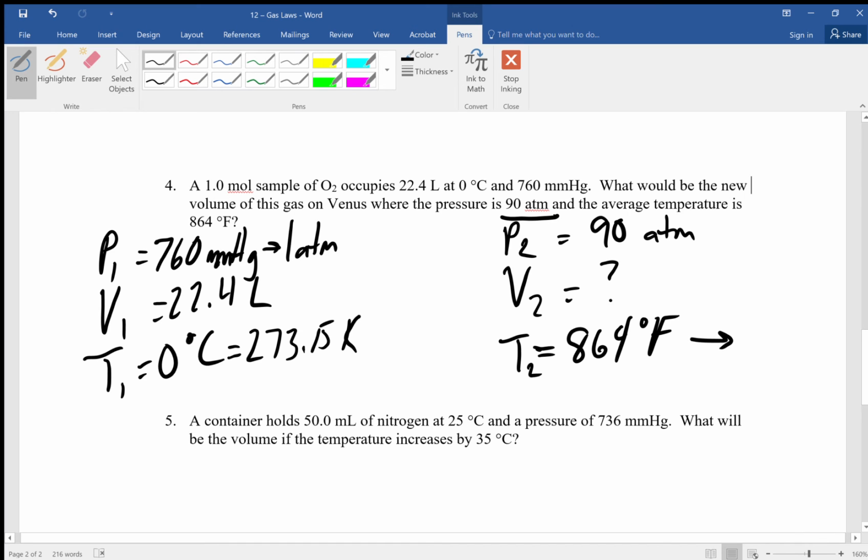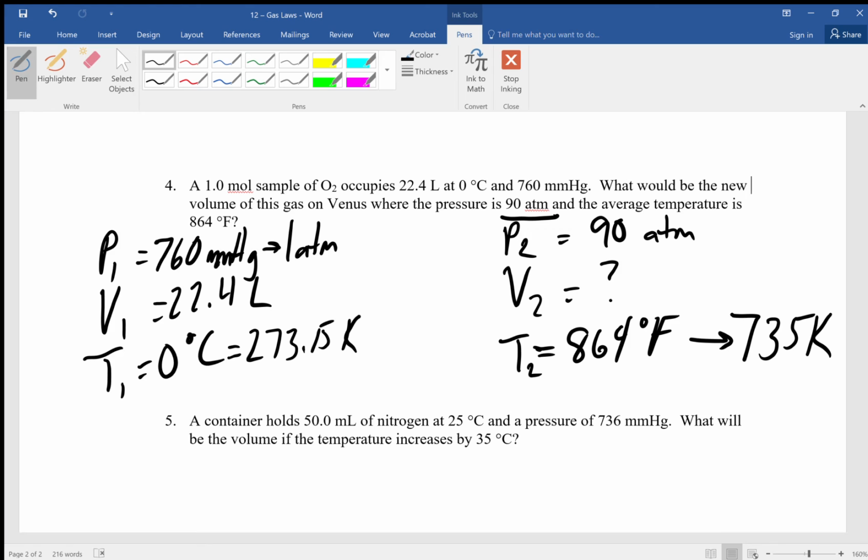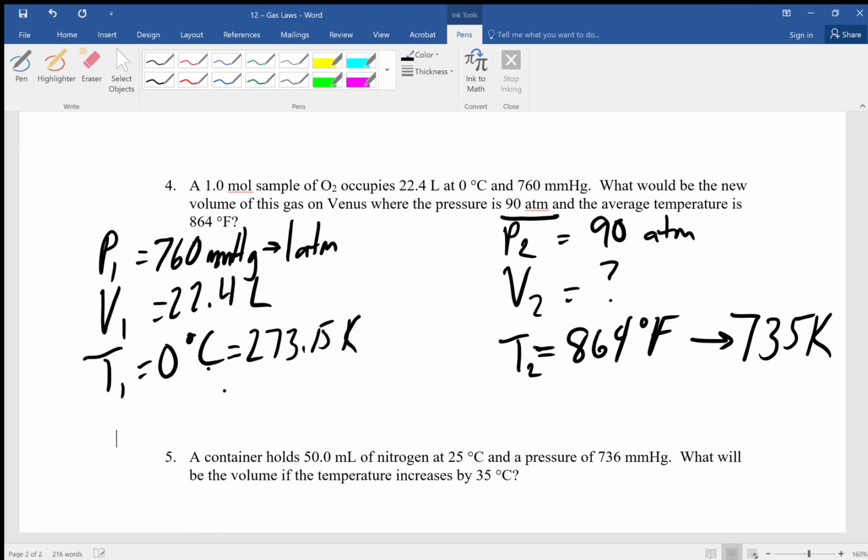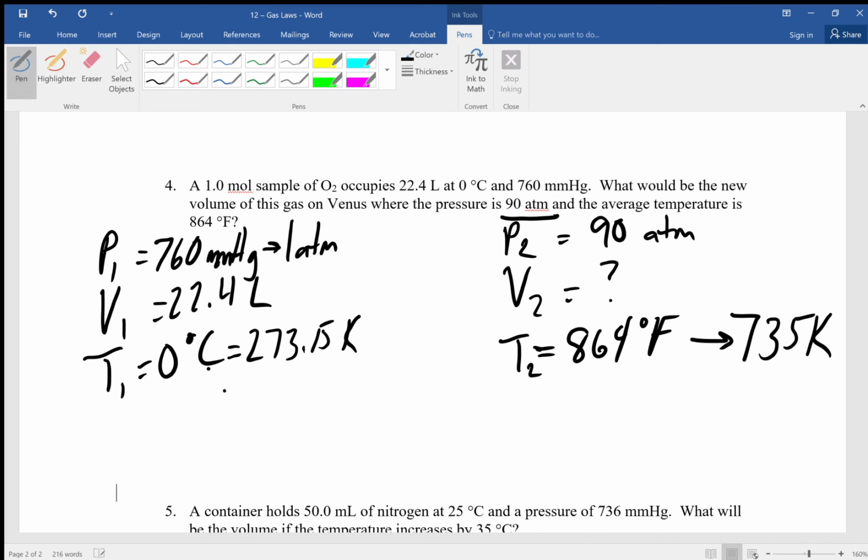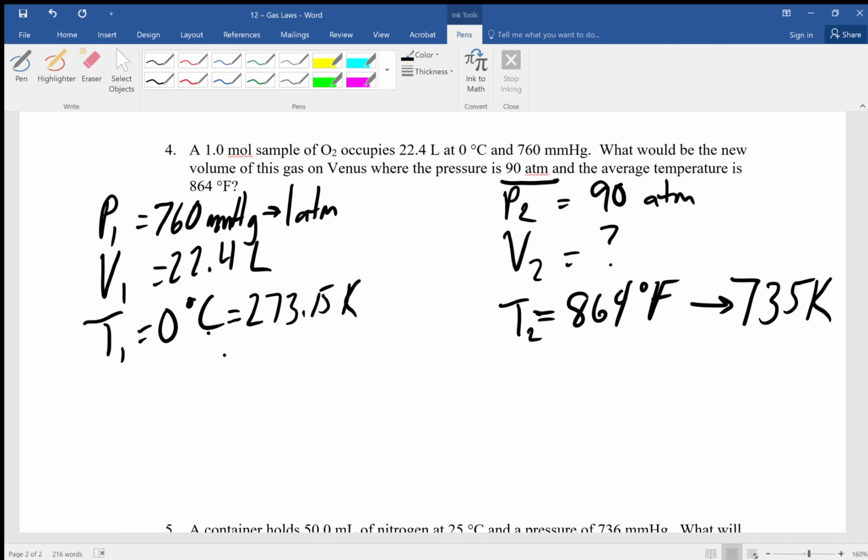So we need to convert that first to Celsius and then to Kelvin. Once we do that, we get 735 Kelvin. So now we can plug these into our gas law equation.